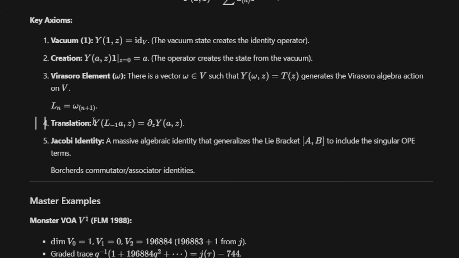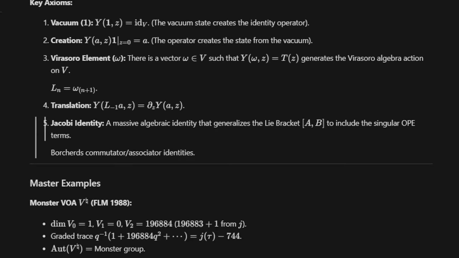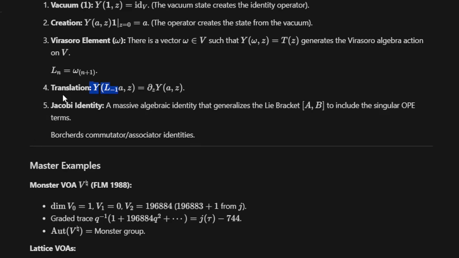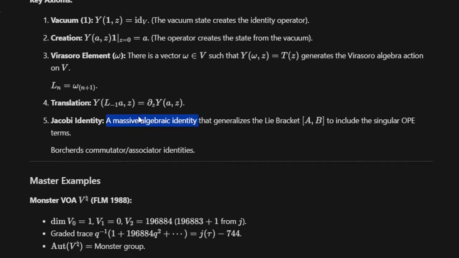We can also have the translation axiom, which allows us to encode essentially the symmetry preservation and show the algebraic method, of which the difference between them would be 0. Again, giving us that kind of geometric Noetherian symmetry conservation, just extended into the Virasoro algebra.